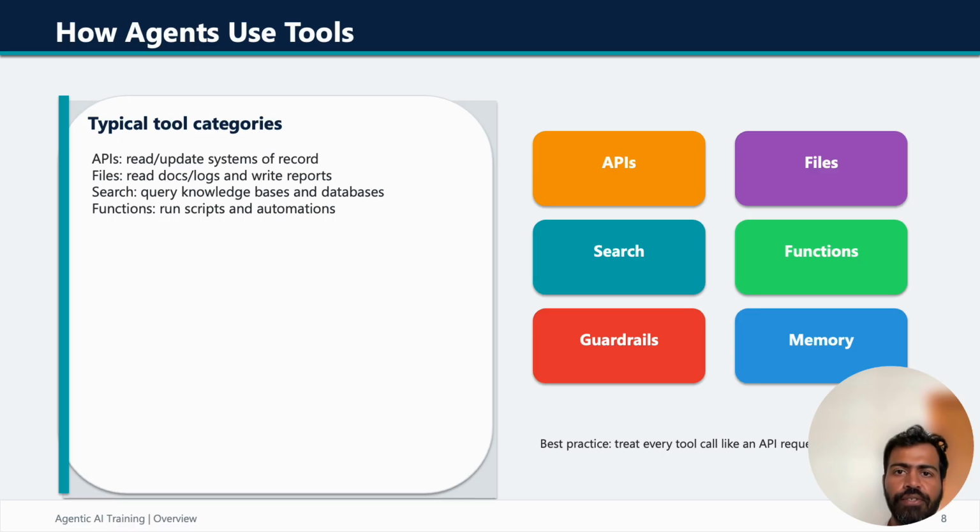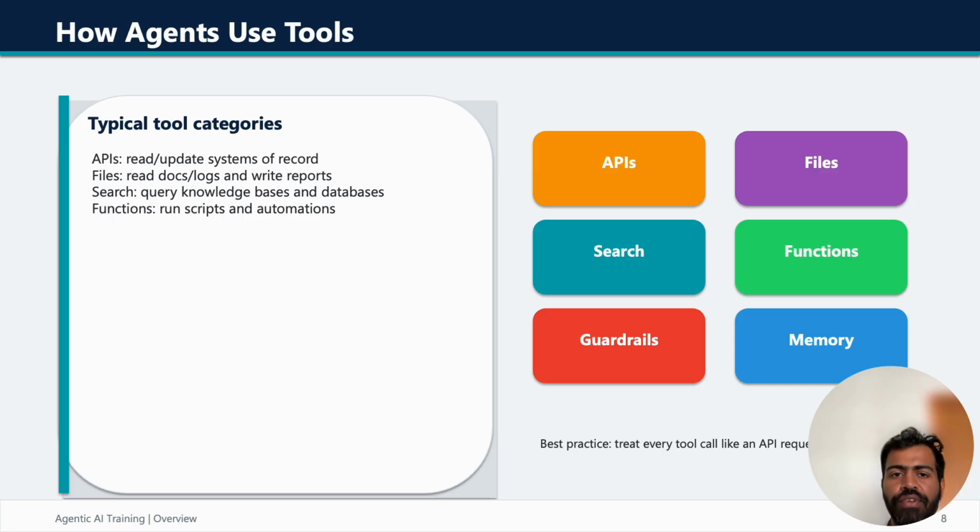So how do agents use tools? Let's understand it. Well, tools are the bridge from text to action. Agents can call APIs to interact with systems, read and write files, search knowledge bases, and execute functions or scripts. This is powerful, but it is also where risk increases. If an agent can take action, we must control what action it can take.